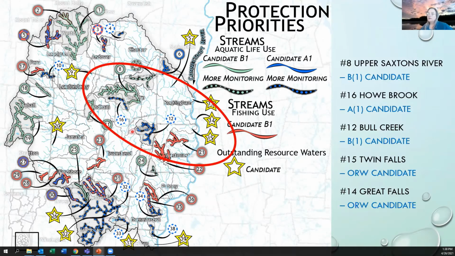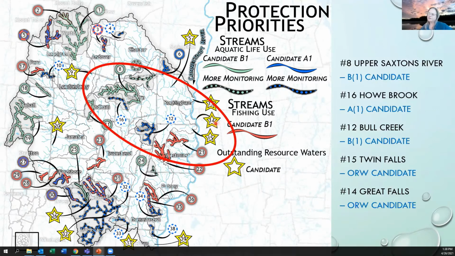Bull Creek through Athens coming down and all through that area is already meeting A1 classifications. And then the other ones I'm putting forward are Twin Falls.